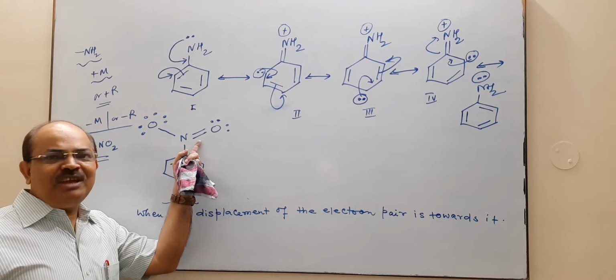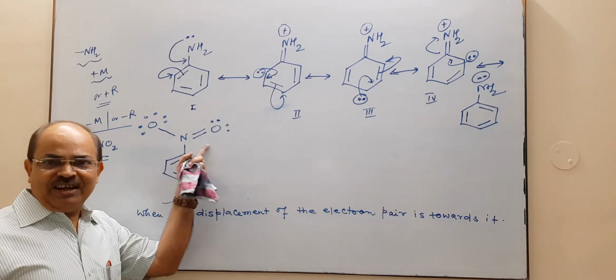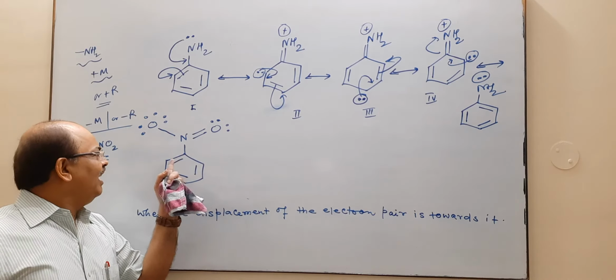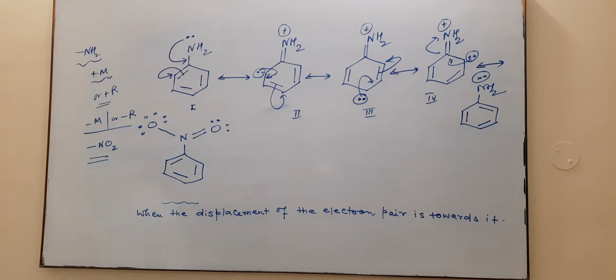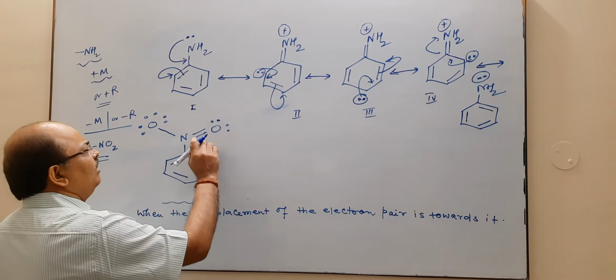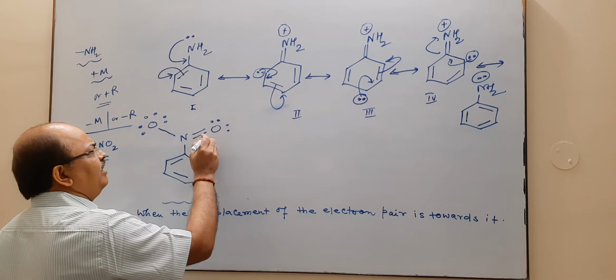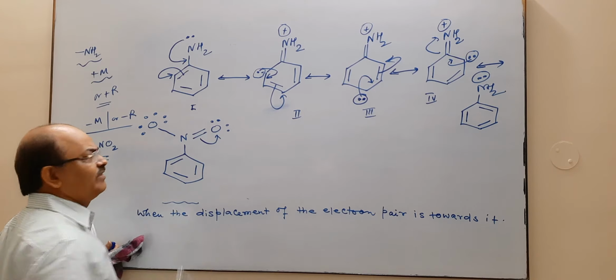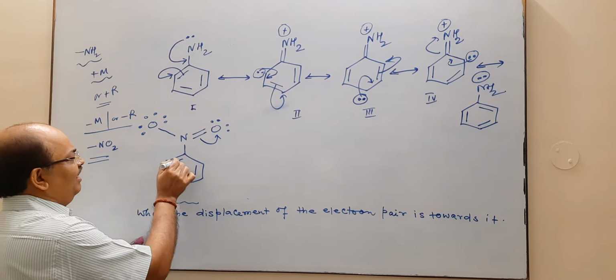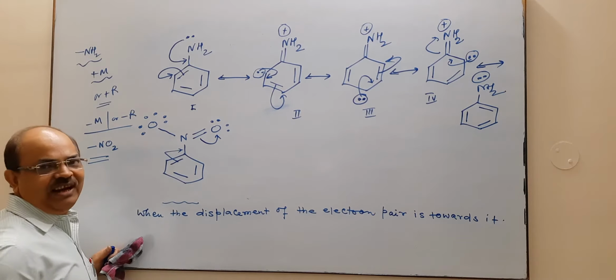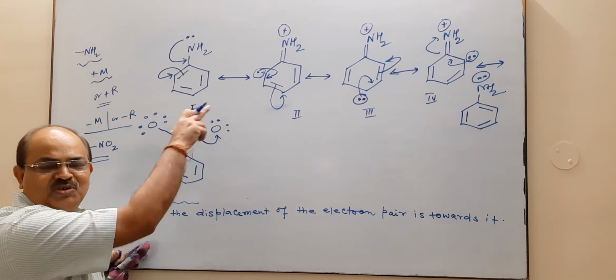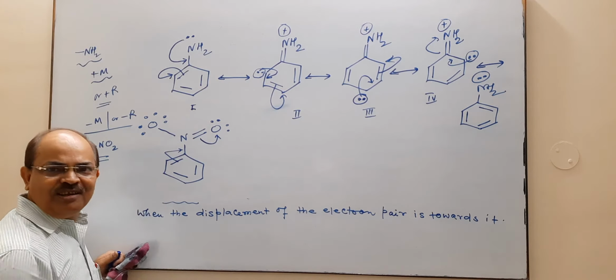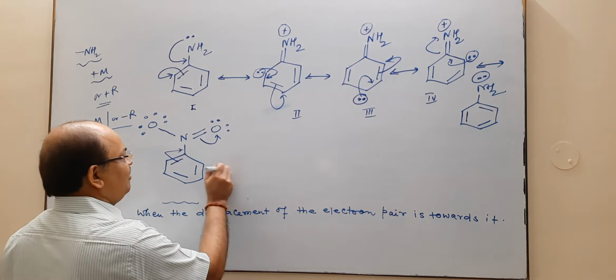On nitrogen we have a pi bond, and on carbon we also have a pi bond. So what happens, this is sigma, this is pi, so one of the electron pairs will shift here and then this will shift at this point. So this is the interaction between two adjacent pi bonds. This is structure 1.